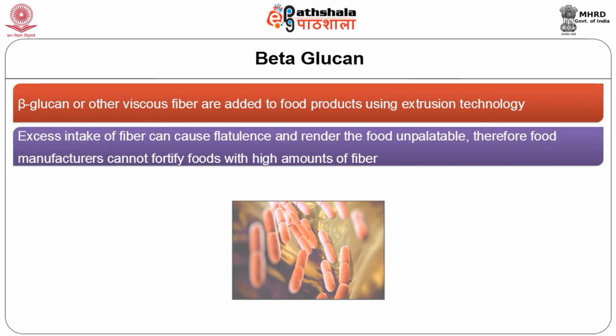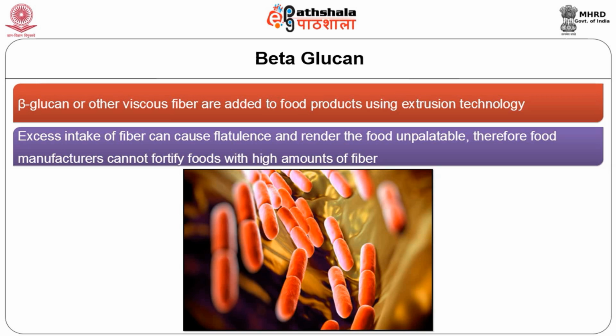Excess intake of fiber, of course, can cause flatulence and render the food unpalatable. Therefore, food manufacturers cannot fortify foods with very high levels of fiber, and the nature of the fiber itself is a limiting factor for its use as a fortificant.